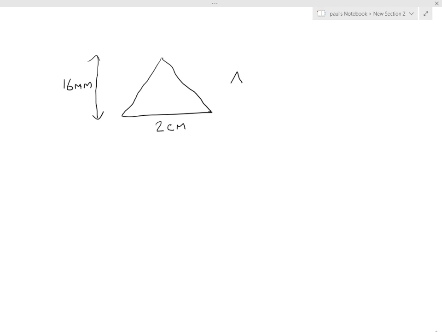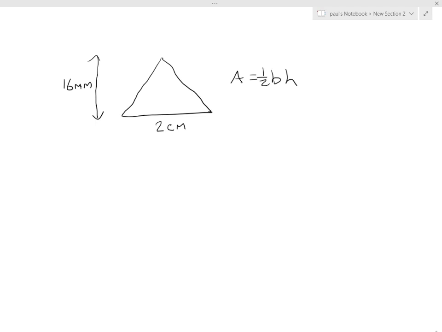Now, we know the area is half base times height, but you must be careful with this. You cannot multiply two different types of measure. You can't multiply 16 by 2 and end up with 32, because that won't work. They might prompt you to give your answer in square centimeters or something, so you've got to change one of these.